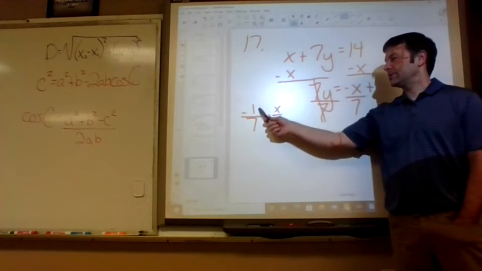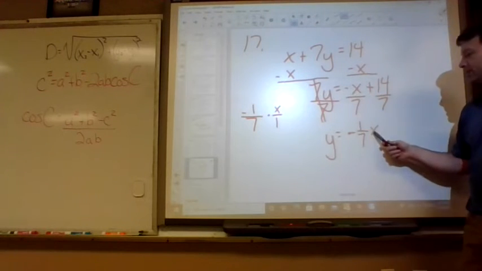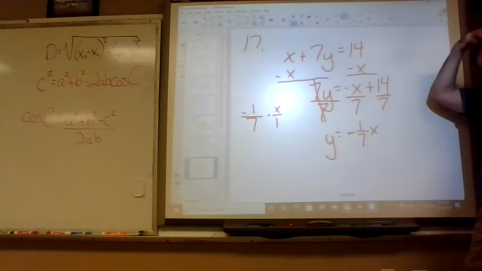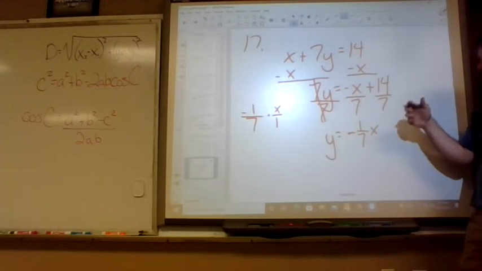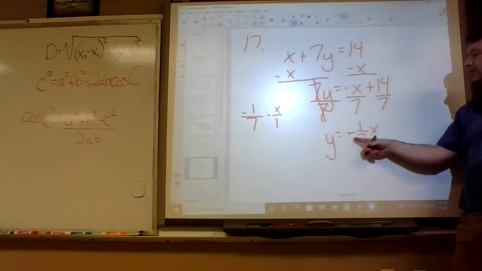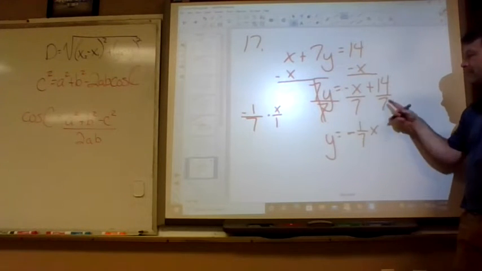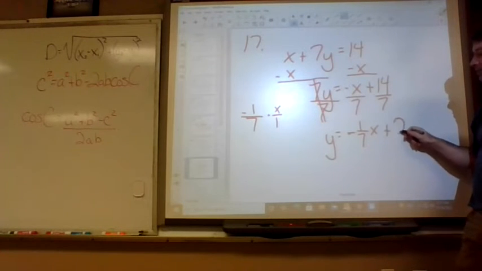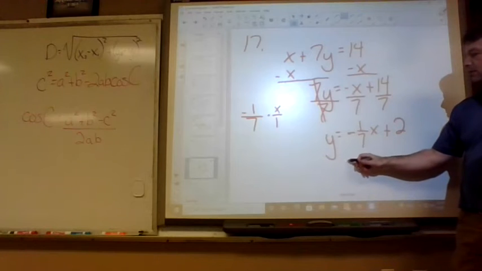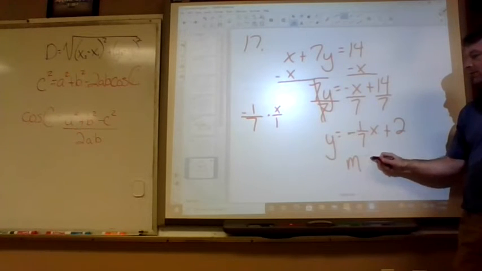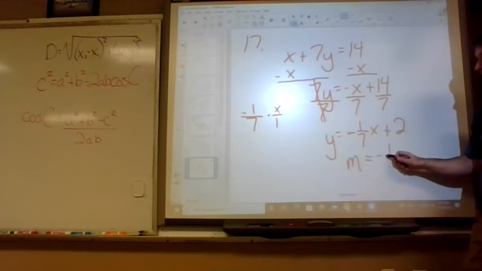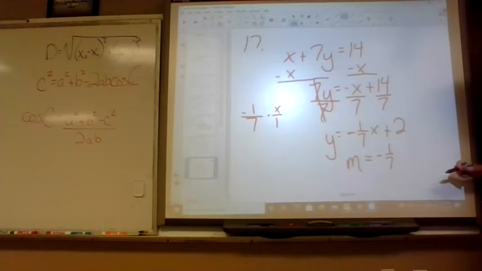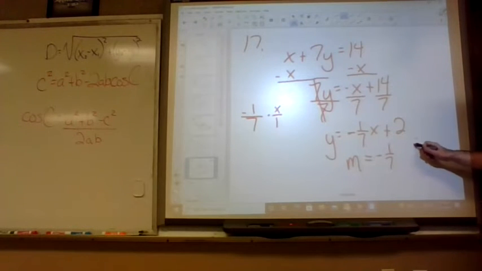And this is slope-intercept form. Plus 14 divided by 7 is 2. What is the slope? -1/7. And what is the y-intercept? 0, 2.